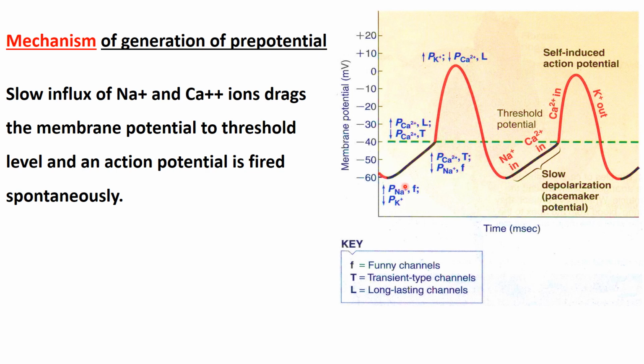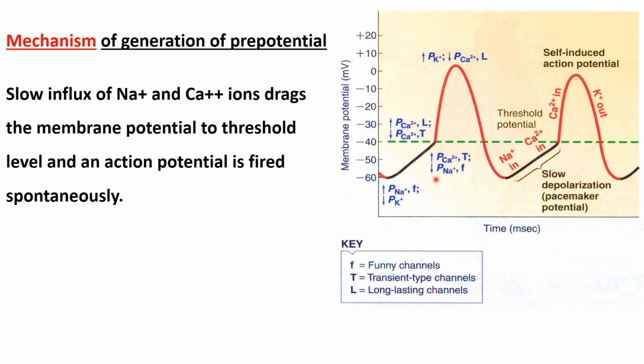So the permeability to sodium increases through the funny sodium channels at minus 60 millivolts and allows sodium to go up. At minus 50 millivolts, the permeability to calcium through transiently opened calcium channels increases and the permeability through funny sodium channels decreases.